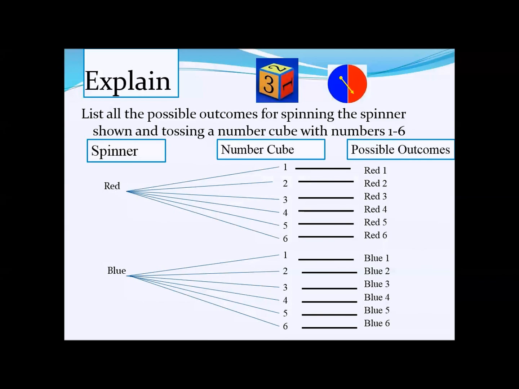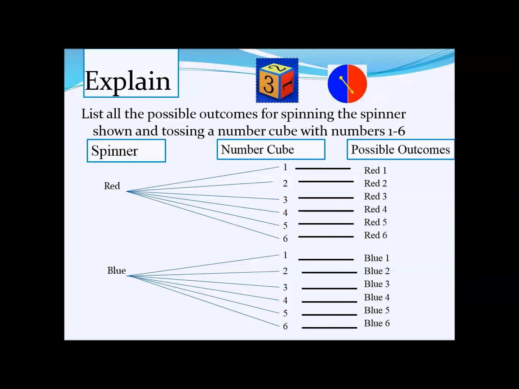Red would be the first selection if I spin the spinner, would be red 1. Red would go with red 2, red 3, red 4, red 5, and if I spin on red and I get a 6 on the number cube, that will be red 6.